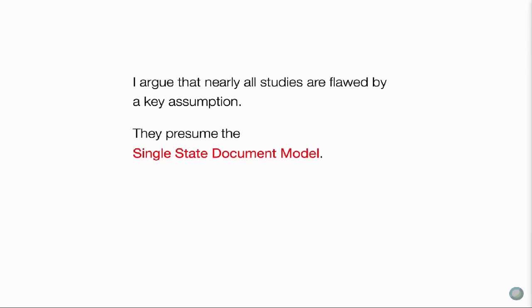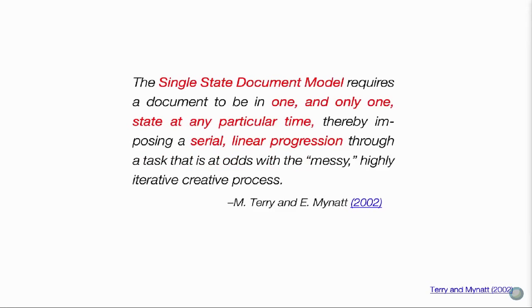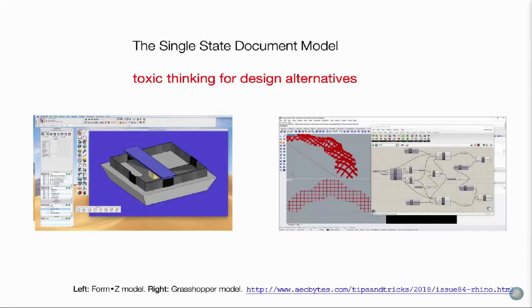They presume the single-state document model, which Michael Terry defined as requiring a document to be in one and only one state at a particular time, thereby imposing a serial linear progression for a task that is a messy, highly iterative creative process. I'll give some examples.